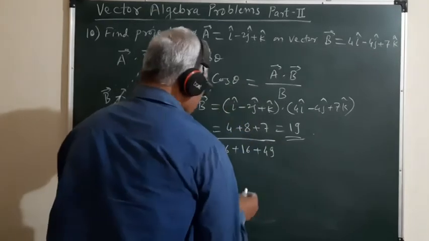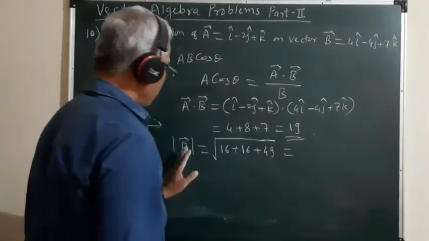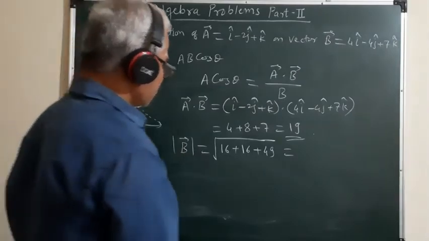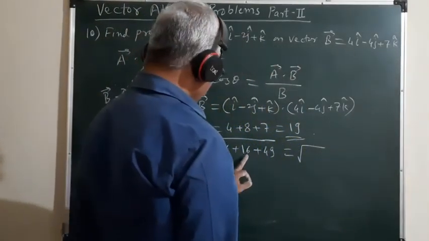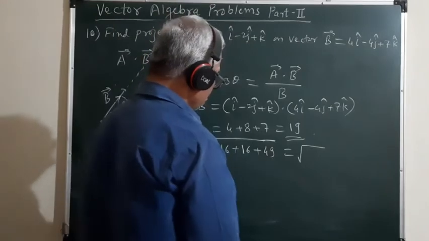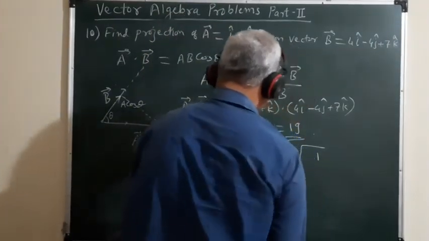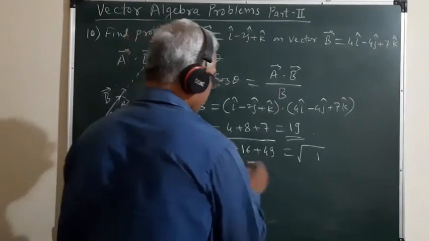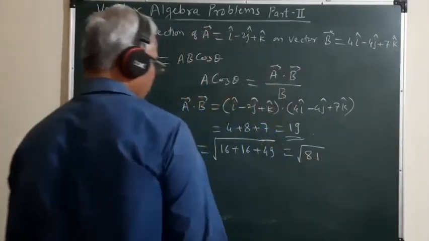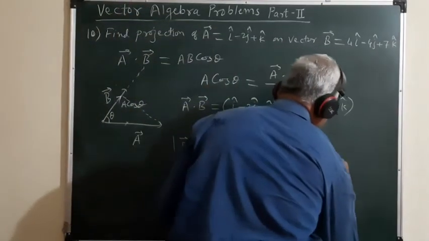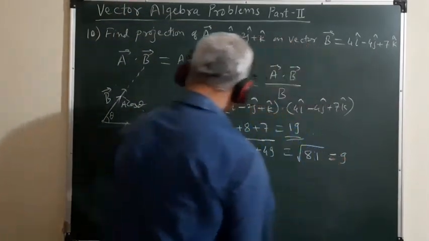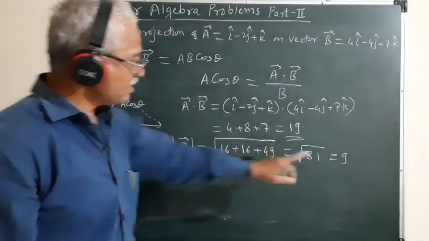So the magnitude of B bar works out to be under root 81, and root 81 is equal to 9. So modulus of B bar is 9.